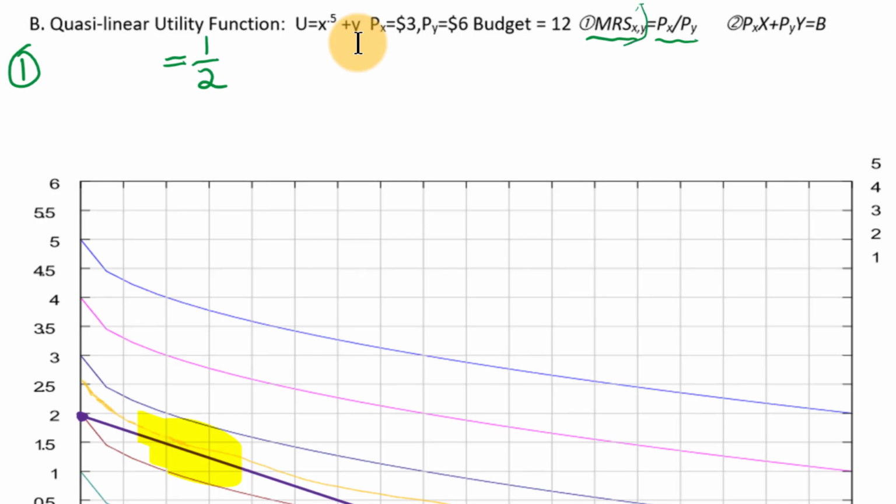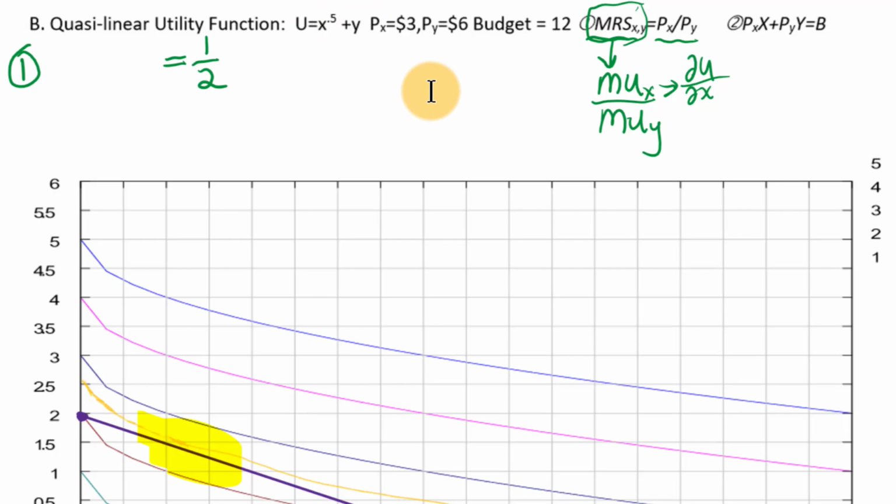Remember that marginal rate of substitution, the way we get that is the marginal utility of X divided by the marginal utility of Y. So let's look at this utility function and find the marginal utility of X function. The derivative of the utility function with respect to X is going to be the marginal utility of X. And we have 2 terms here. One has an X, the other one doesn't.